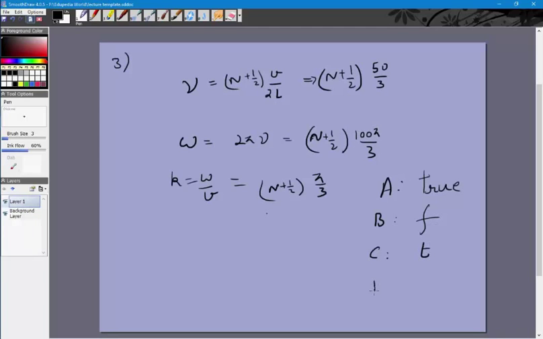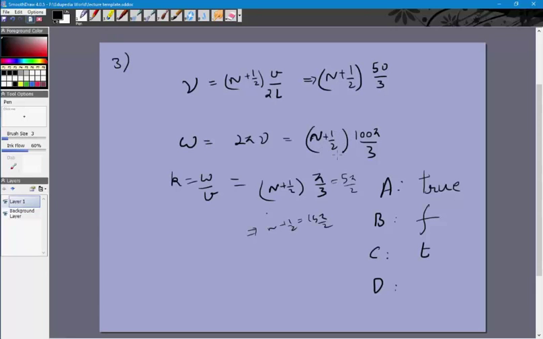is again true. For D, K is 5 pi by 2, which means n plus half is equal to 15 pi by 2, or n is equal to 7, which doesn't matter, n plus half is 15 pi by 2.